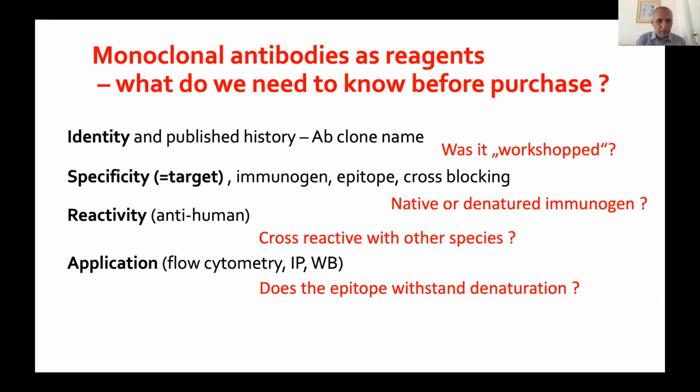Reactivity, so we typically seek reagents that are reactive against human targets, but many can be cross-reactive with other species. And application, so we typically seek reagents that were tested for flow cytometry. Oftentimes, if we do a surface staining, immunoprecipitation under native conditions is also a method that typically gives cross-reactive antibodies that work for both cytometry and IP.